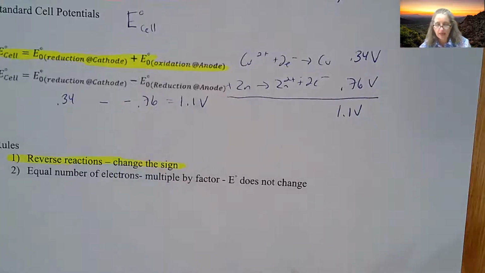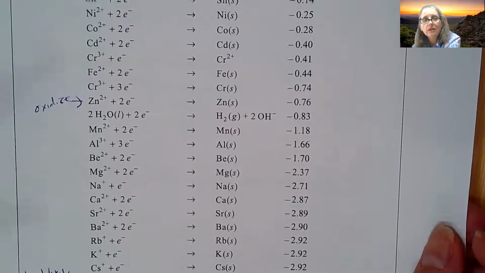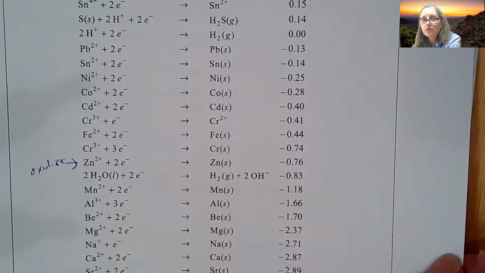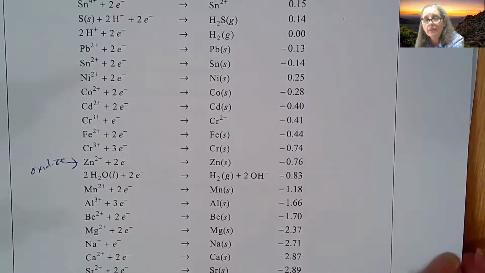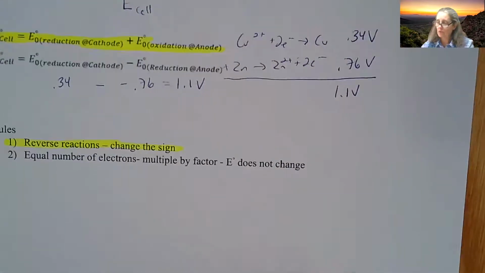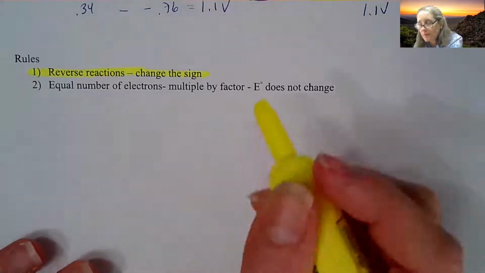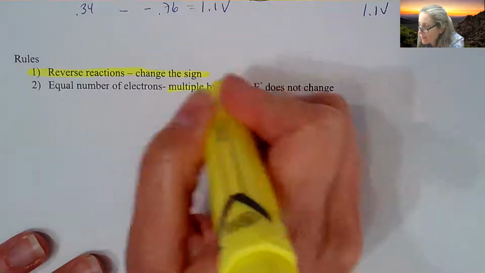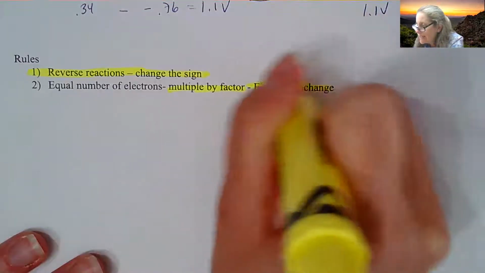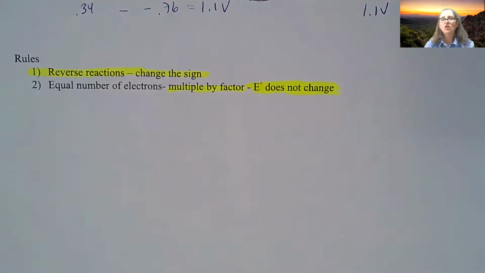And what the negative means, if you look at this table, is that it does not want to spontaneously take on that electron. So that's not as favorable in chemistry. So what happens if I don't have equal numbers of electrons and I need to multiply by a factor? Well, a big idea that kind of gets lost in translation here is that the E does not change.